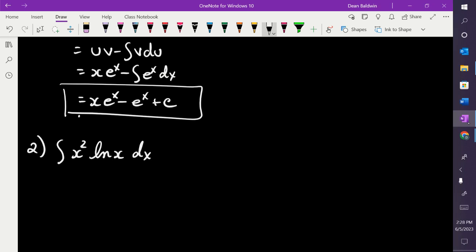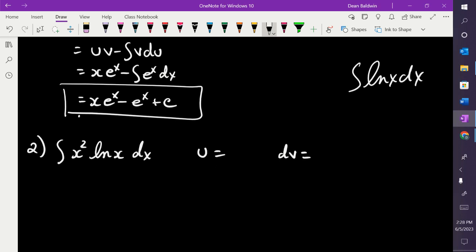So we have to decide what is u and what is dv. Of these two choices, you have x squared and natural log of x. Which is the only one you know how to integrate? X squared, right? You don't know how to integrate just the natural log.